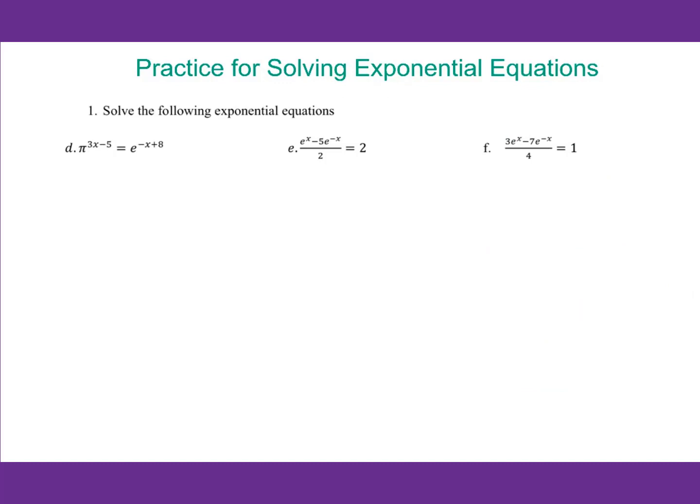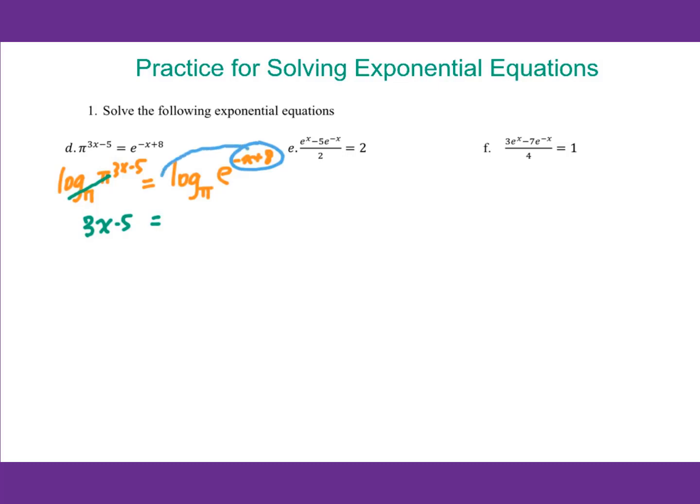Now let's go to D. First of all, I will take a log base pi on both sides. Then we work on the left side. We got 3x minus 5 equals.